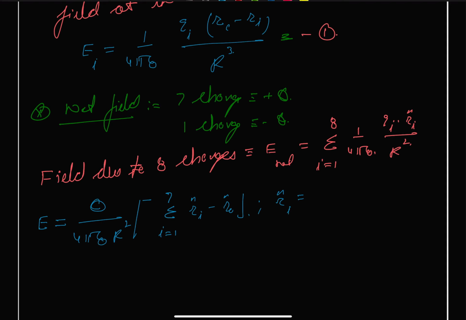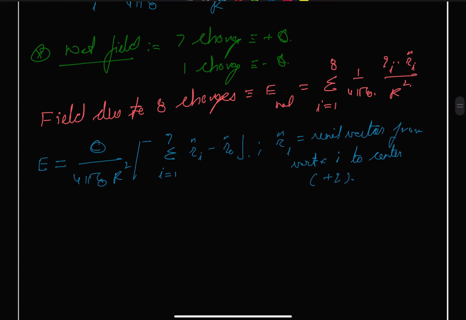The second, that of R naught, is the same, but it is due to the negative charge. We are having only one negative charge, and we are having a total of 7 positive charges.